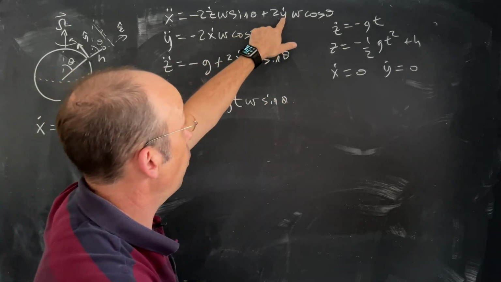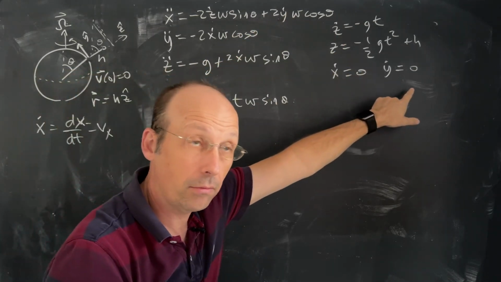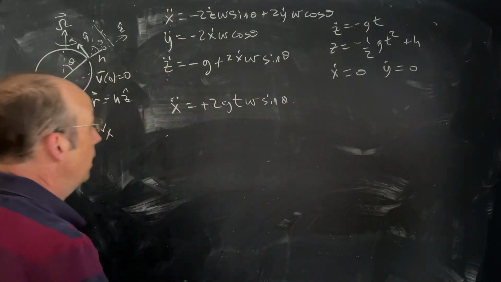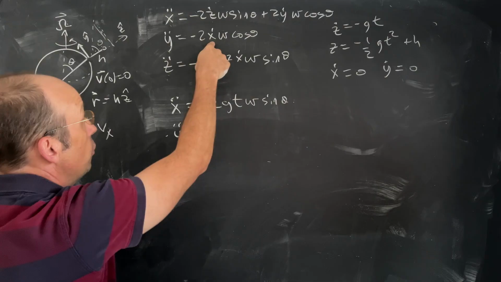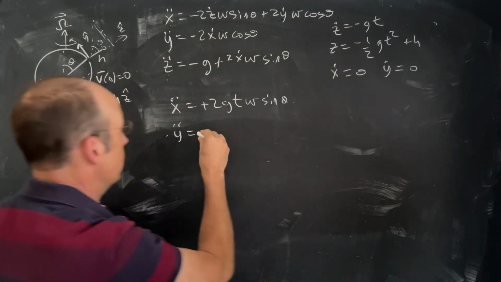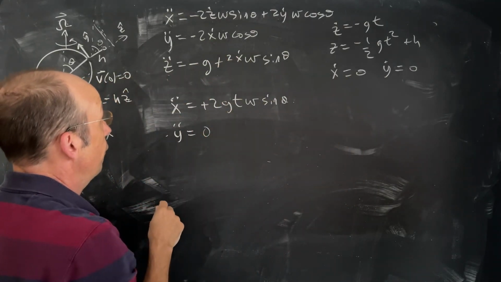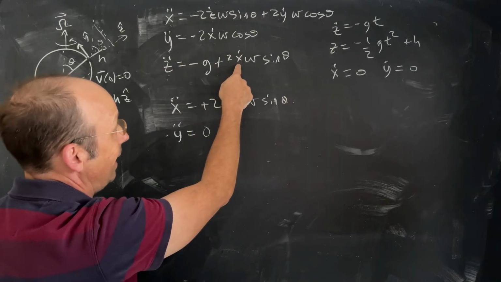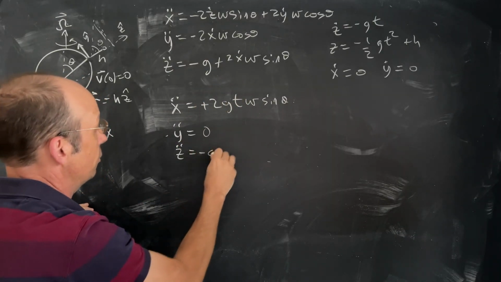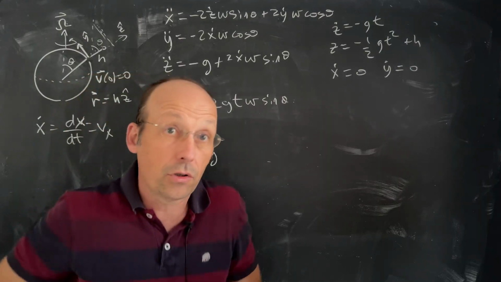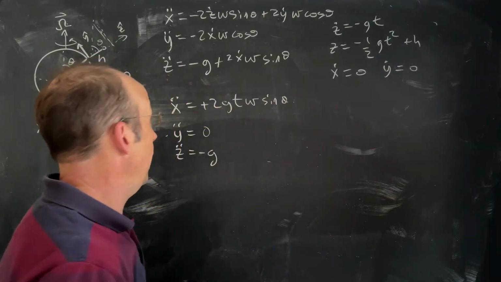And then I'm going to put in for y dot, but y dot is 0. So that's 0. And then I do the same thing for y double dot. It's going to be negative 2 x dot 0, so I just get 0. And then I put this in for z double dot. It has an x dot, and so z double dot still just negative g. So the only thing that changed was our x equation.